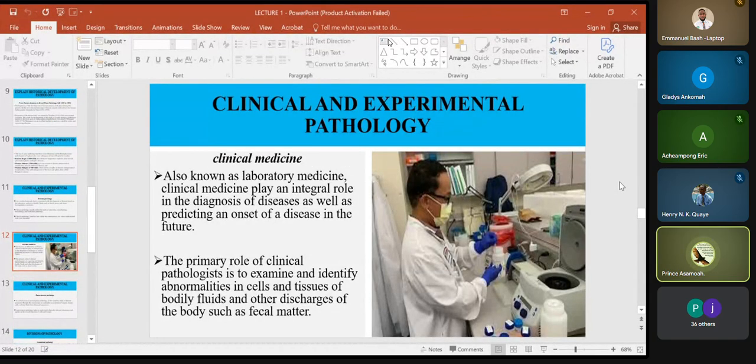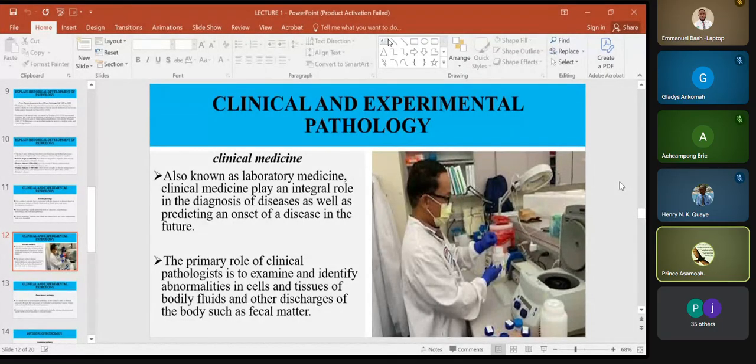So we also know that laboratory medicine plays an integral role in the onset of disease. Today it is very, very advanced. Today, the knowledge is well advanced, so much so that they can even predict the disease condition you are going to get, even when you are in the womb.